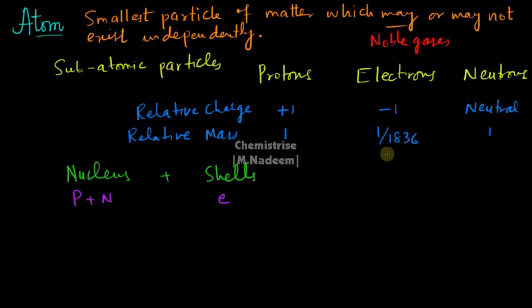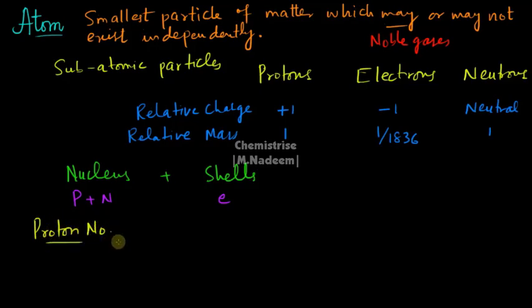Protons and neutrons, they are heavier particles, and electrons, you see, they are very light particles. So we can say the whole mass of the atom is concentrated in the nucleus, while shells or electrons, they have almost no mass.